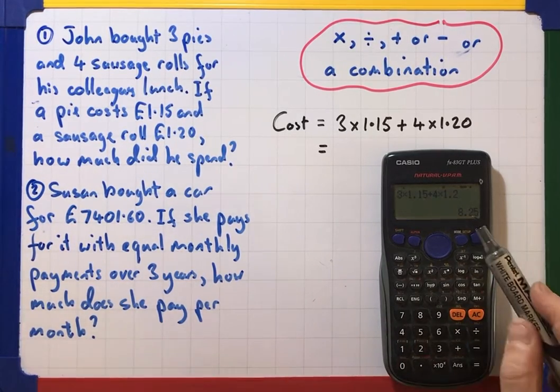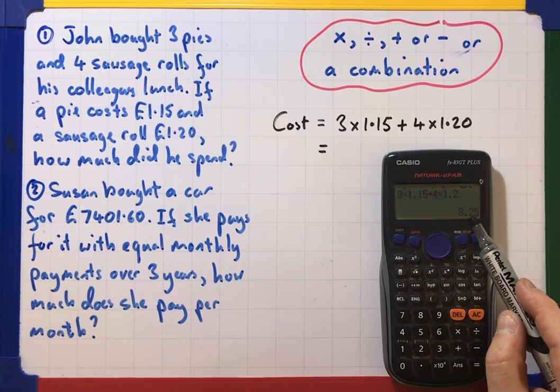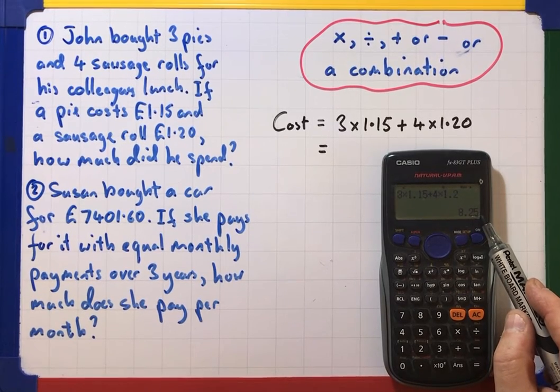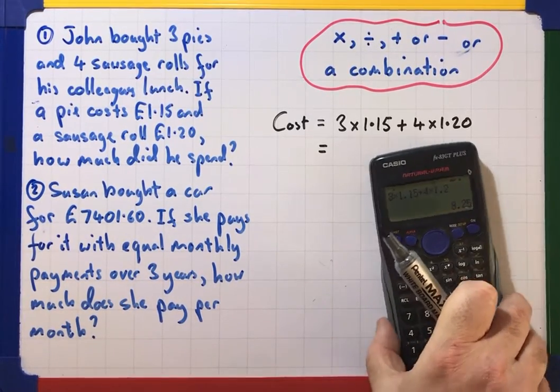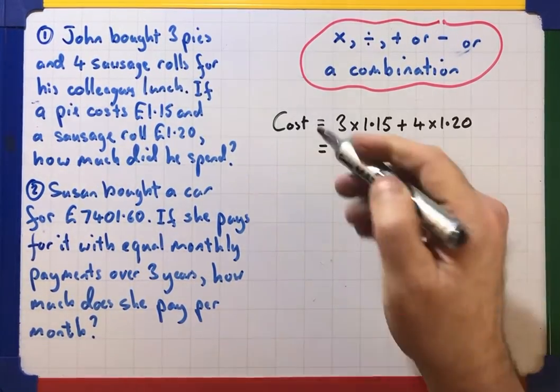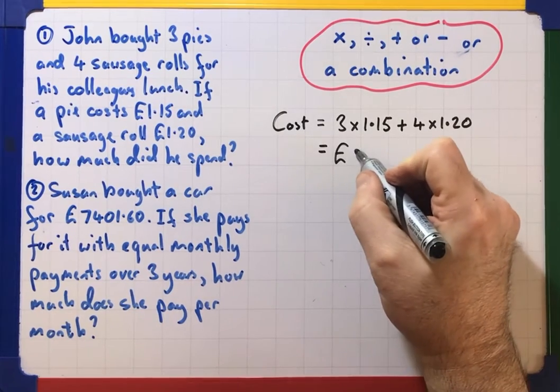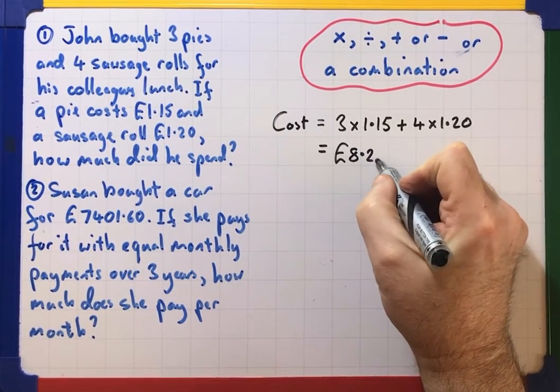Now, remember, we always want 2 decimal places if it's money. It gives us 2 here, but if it had been £8.20, it would come up with 8.2 on my calculator. I'd have to remember to put in the extra 0. But let's just stick that in. So we said £8.25 for that one. That is what it cost him.